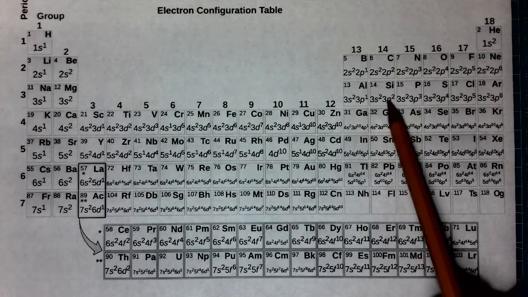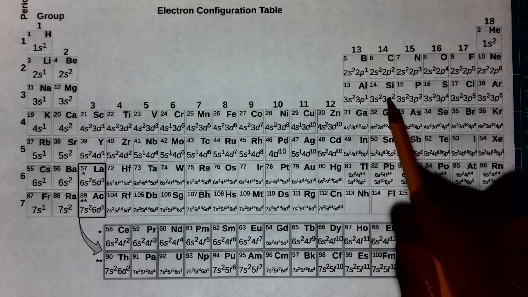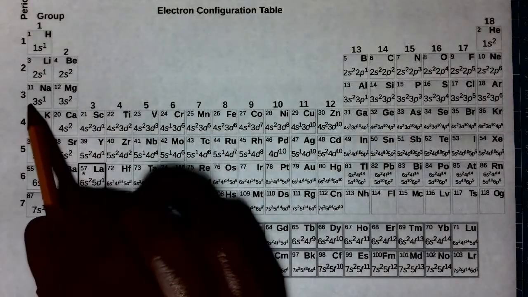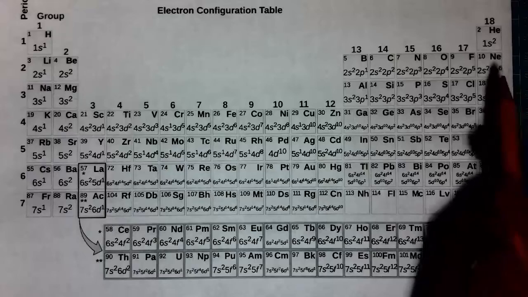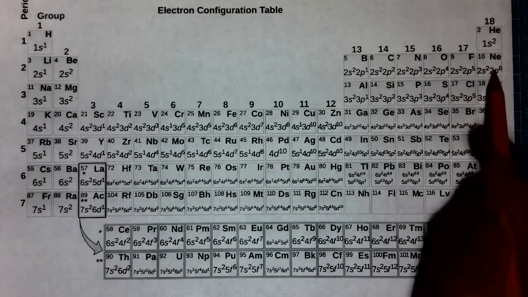Let's say that I want to write down the electron configuration for silicon. Well, I would go back, meaning to the left, and then up to the next lightest noble gas. So here I have neon.